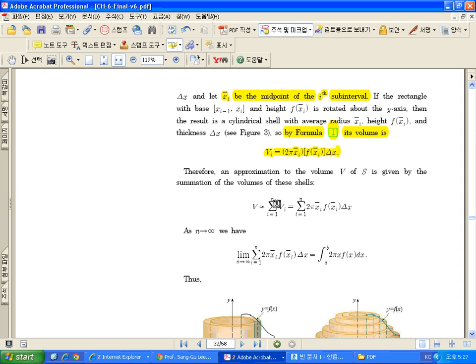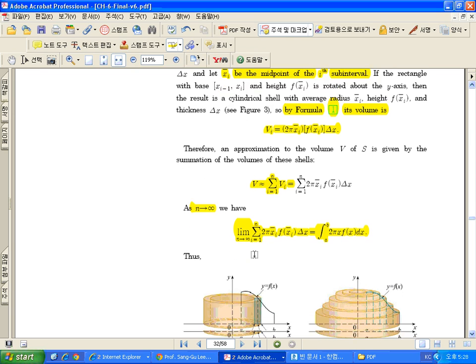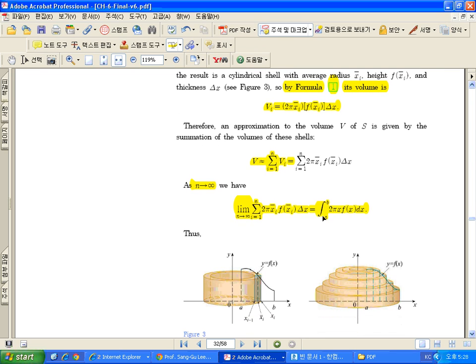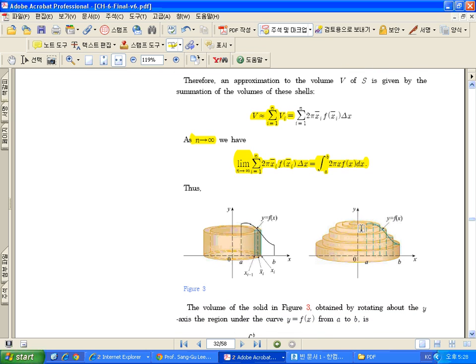Then add all of those Vi's to get the approximation of the volume, and then send n to infinity. Like you see in the Riemann sum, this limit of the sum will go to the integral from a to b of 2π x f(x) dx. So this formula will give us the volume of this type of cylindrical shell.